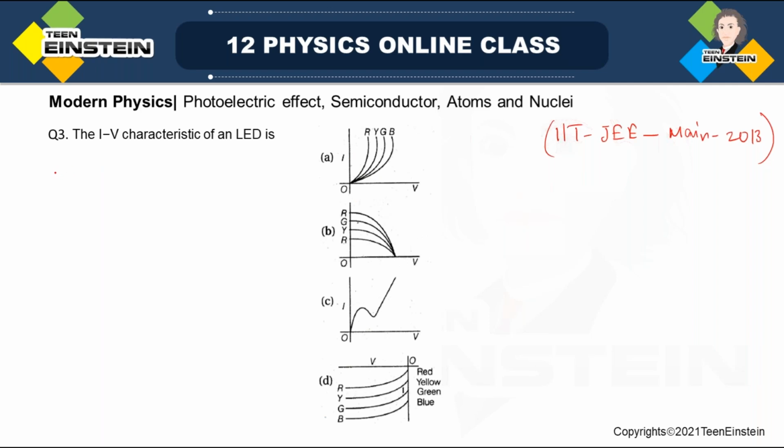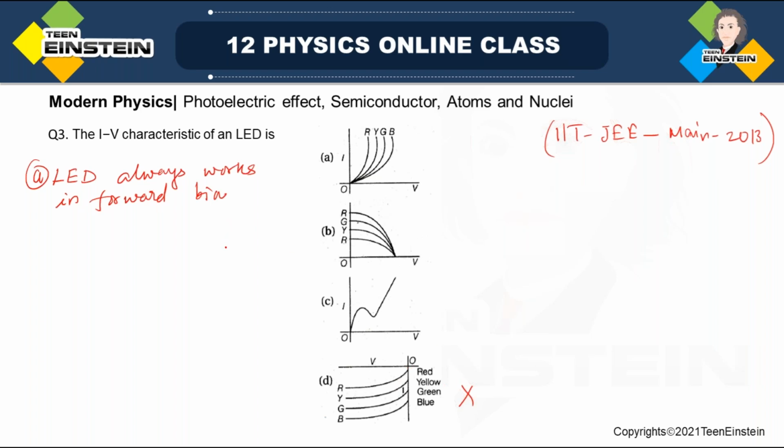So in this case, an LED always works in forward bias. This is one point which we should keep in mind. So among all these, look, this is not forward bias, this is gone.